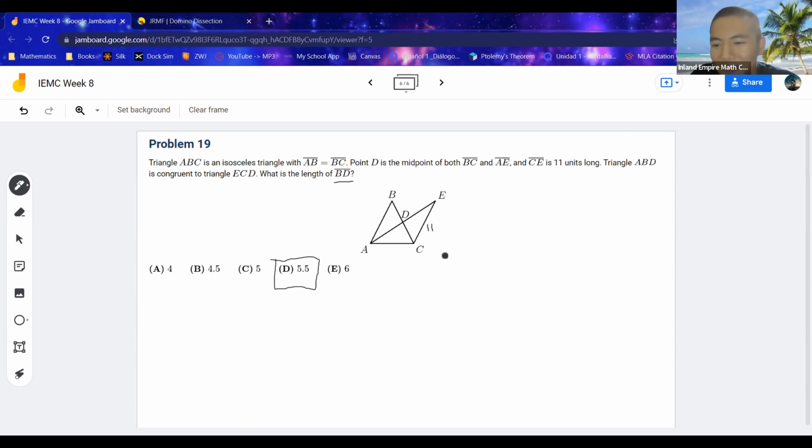For the other two, Lloyd and Joyce, basically we're utilizing the fact that triangle ABD is completely equal to triangle ECD.